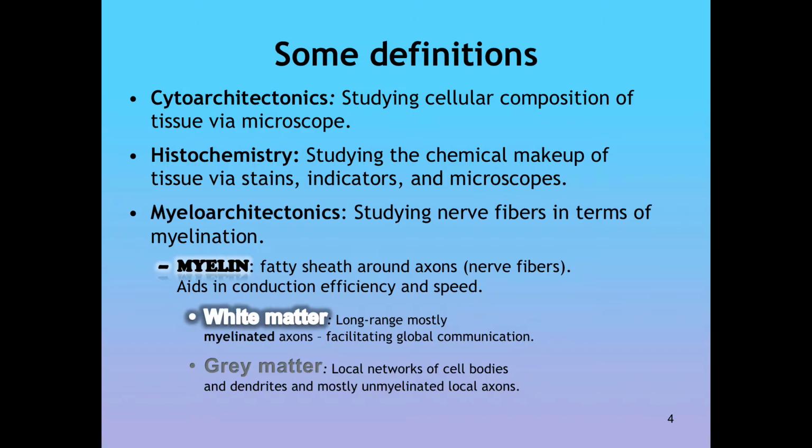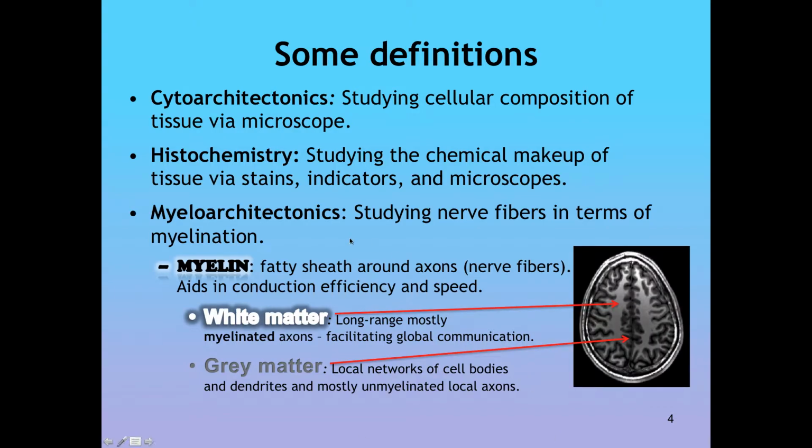So basically, myelin is these kind of fatty sheaths that go around our axons or nerve fibers, and they aid in the conduction or movement of electrical information from one part of the brain to the other. So when these axons are myelinated, it improves the speed at which this can happen.